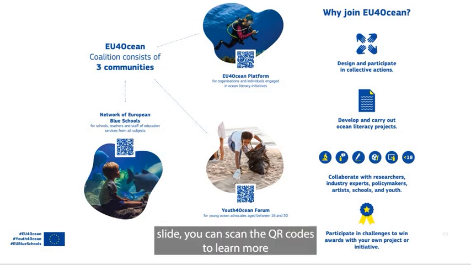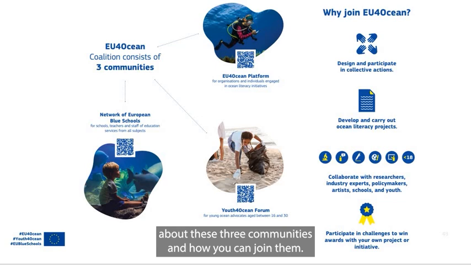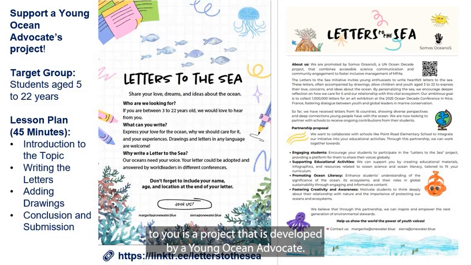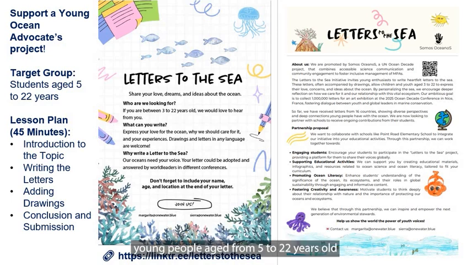On this slide, you can scan the QR codes to learn more about these 3 communities and how you can join them. Also very interesting to you is a project that is developed by a young ocean advocate. It's called Letters to the Sea. And the idea is to invite young people aged from 5 to 22 years old to write to the sea as if it was a person.